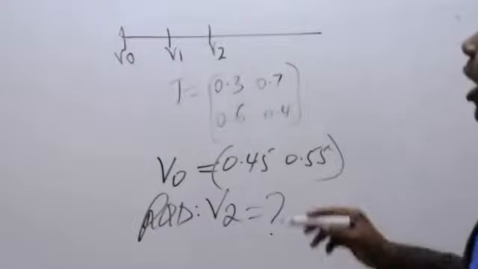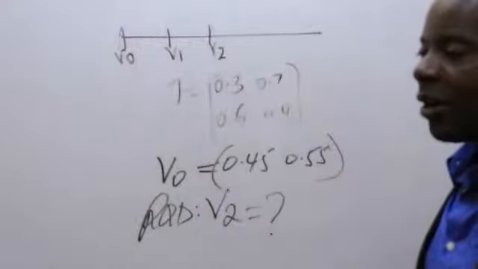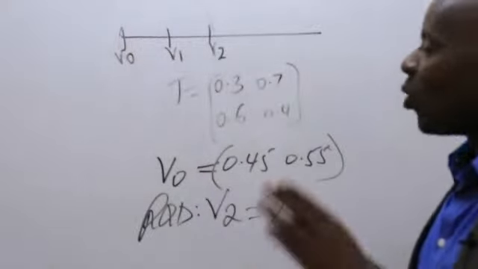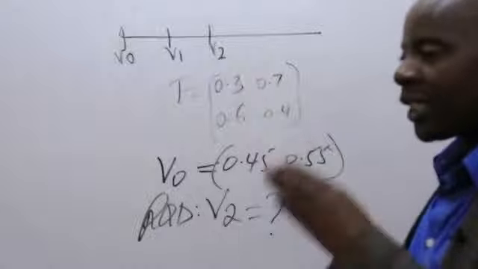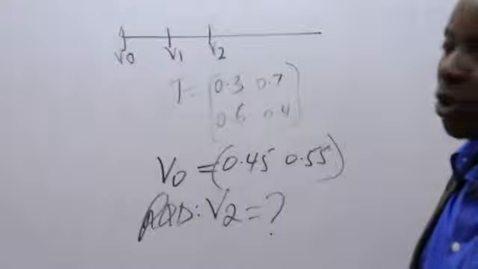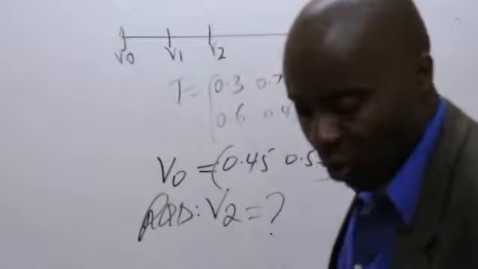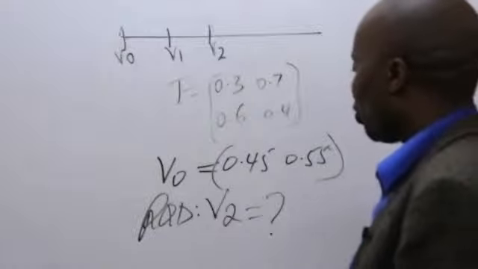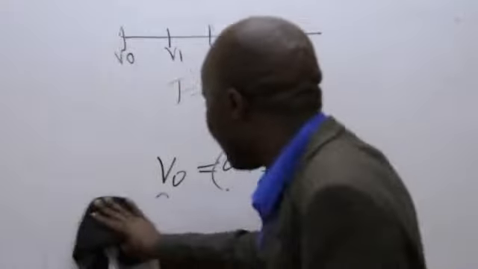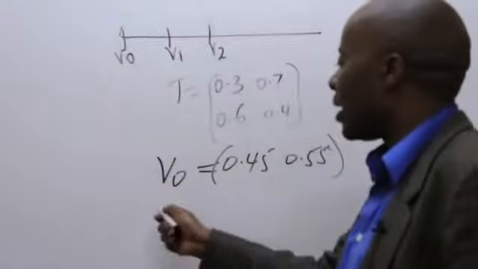So there is no way you can predict directly from vector 0 to vector 2. From vector 0, we can only get vector 1. Vector 1 can only give birth to vector 2. So even if the examiner has asked me to get vector 2, there is no way I can jump like that. Markov systems don't allow that. So what I need to do is to give them vector 1 first.